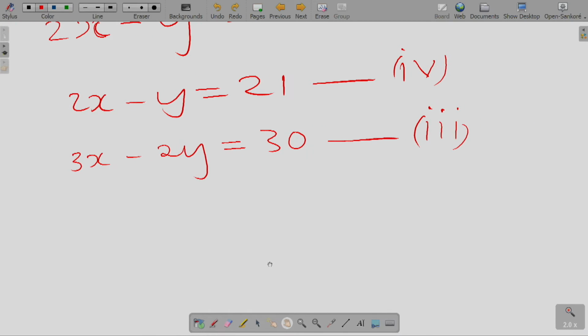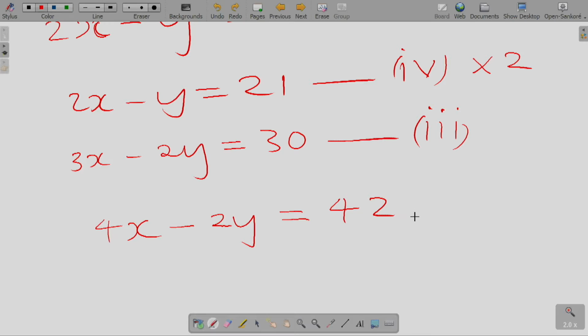On eliminating the variable y, let's multiply equation 4 by 2. If you multiply equation 4 by 2, we'll get 4x, because 2 times 2x equal to 4x, and 2 times minus y equal to minus 2y, equal to 21 times 2, so we'll get 42.